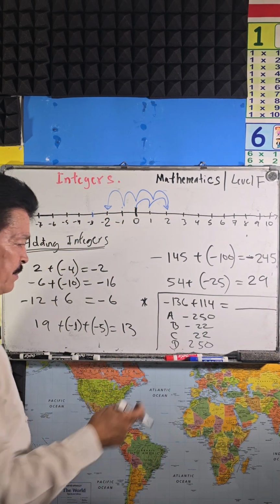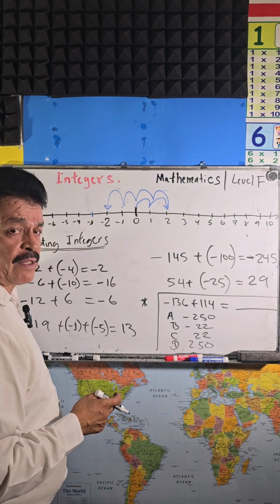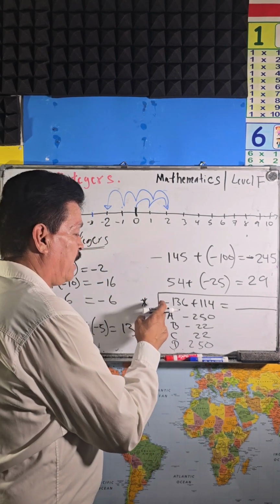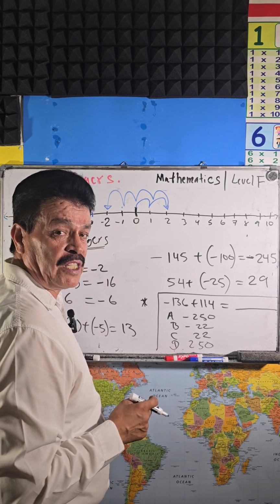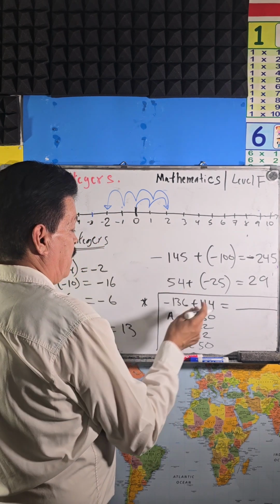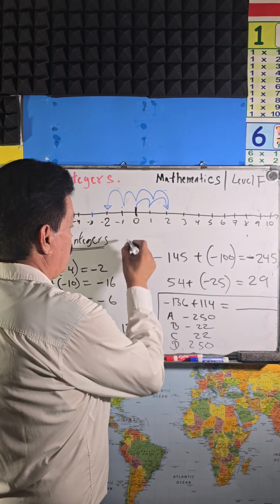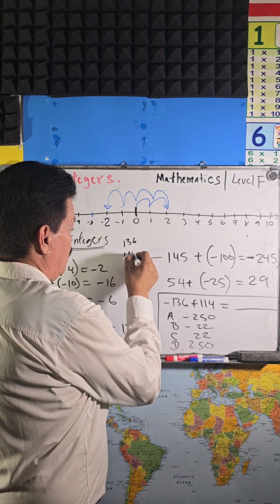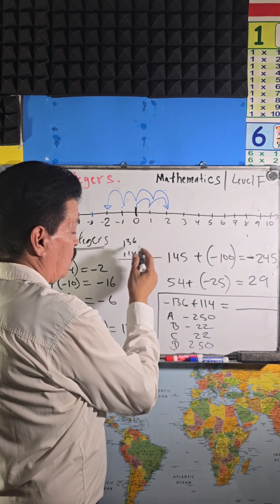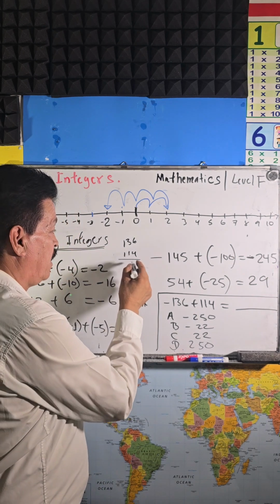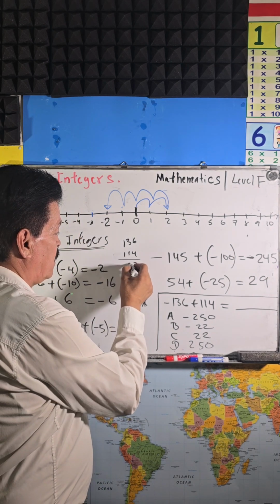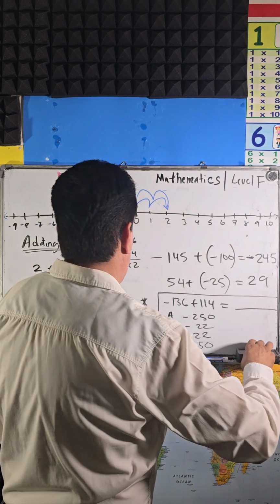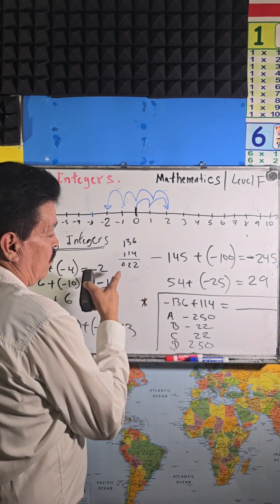Now here we have 4 possible answers in this problem. Negative 136 plus 114. Let me subtract right here. 136 and 114, so one is negative, one is positive. So I would like to see the difference here. It is 22.